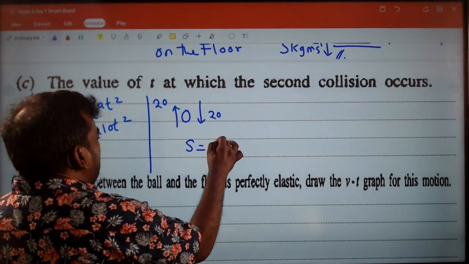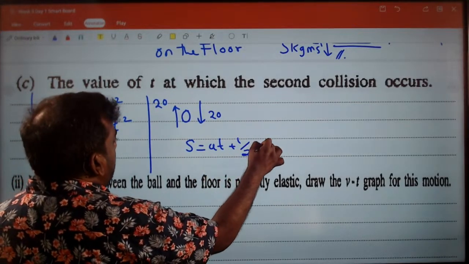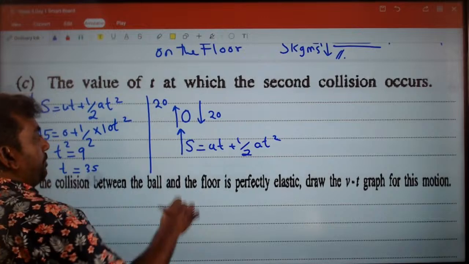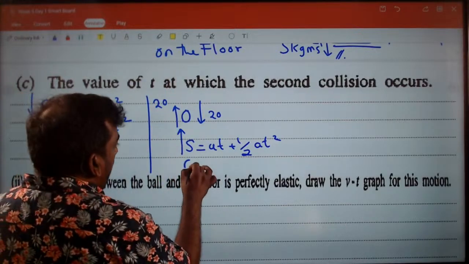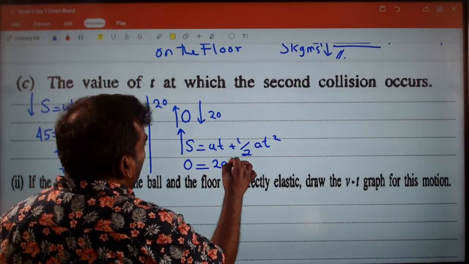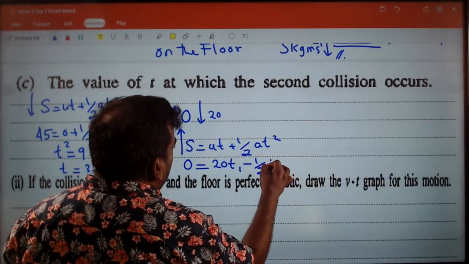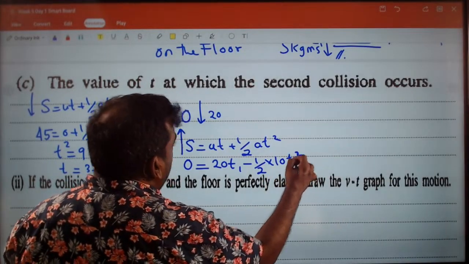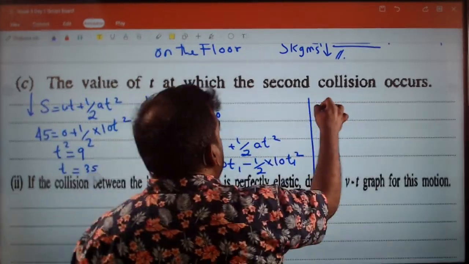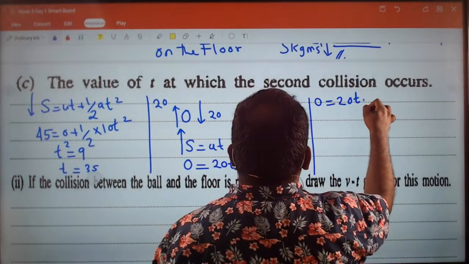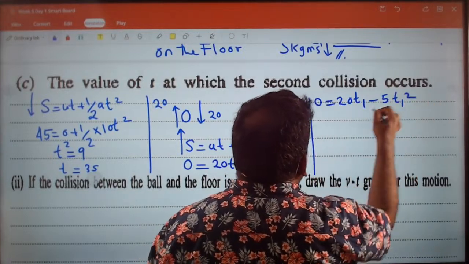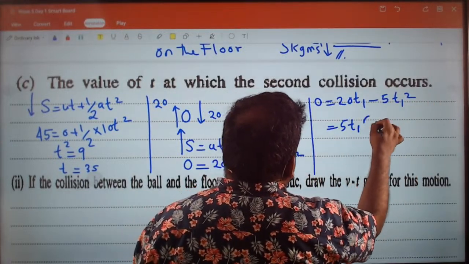S equals ut plus half at squared, going up and coming down, vertical displacement 0: 0 equals 20 T1 minus half 10 T1 squared, so 0 equals 20 T1 minus 5 T1 squared. 5 T1 common: 4 minus T1.